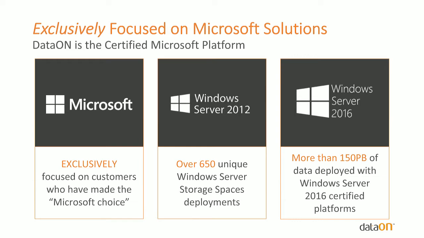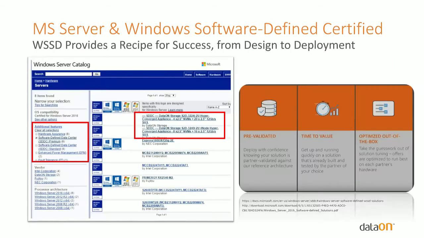From the DataON perspective, we're very excited that we continue to grow our customer base. We now have 650 unique Windows Server deployments based on Storage Spaces as a foundation. For 2016, we have over 150 petabytes of data deployed in the marketplace. We're focused on making sure our hardware platforms are certified for Windows.